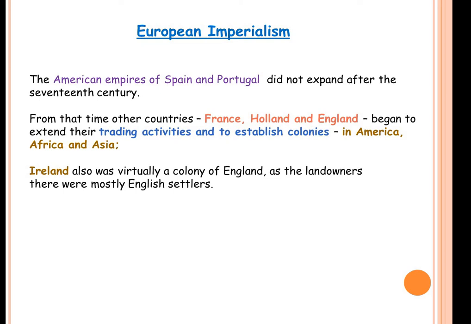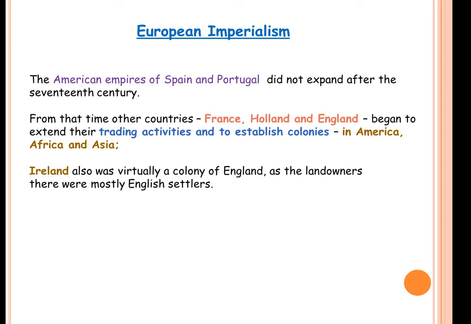They began expanding their trading activities there, and they also established colonies in America, Africa and Asia, but not in these Americas. Later, France, Holland and England became the most important powers by this time. They started giving way to imperialism.